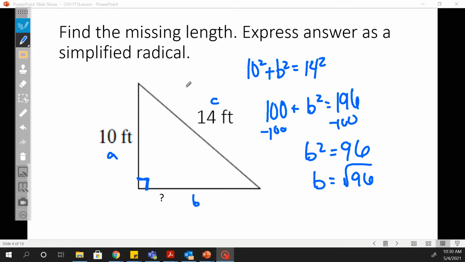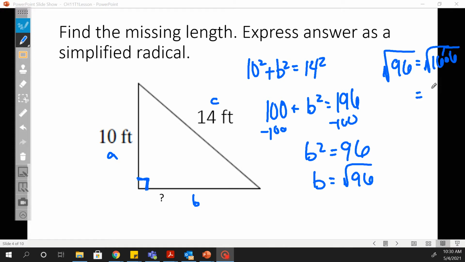Let's see, 96 is divisible by 4. Is it divisible by 16? Yeah. So the square root of 96 can be written as the square root of 16 times 6, because 16 times 6 is 96.